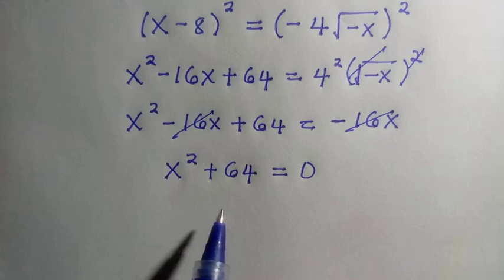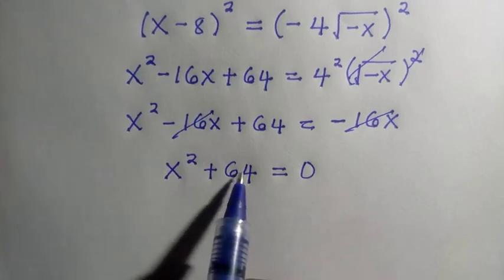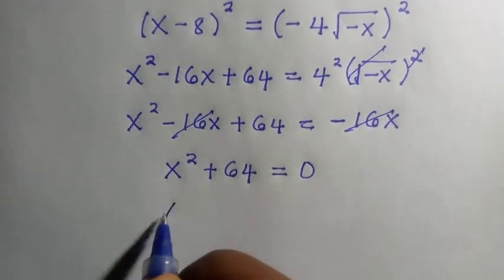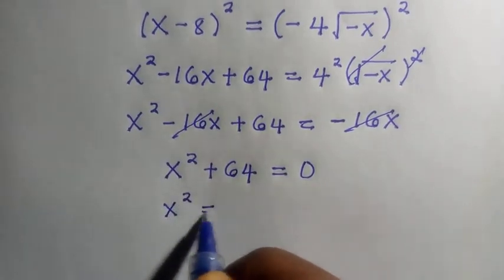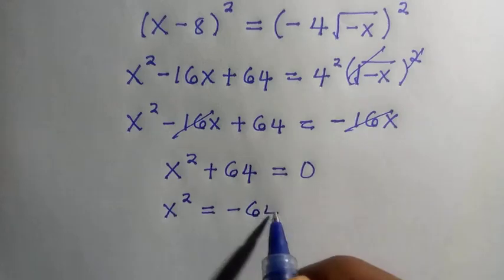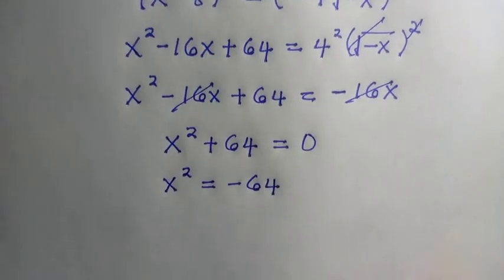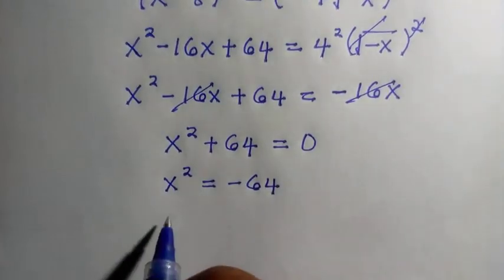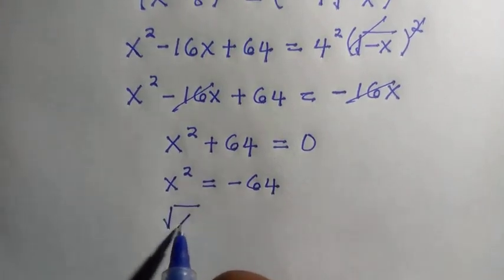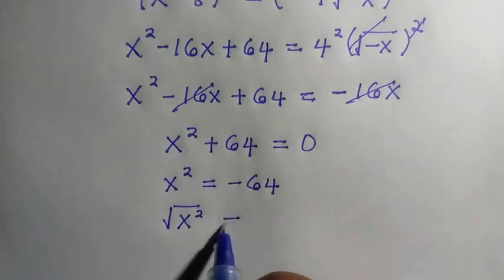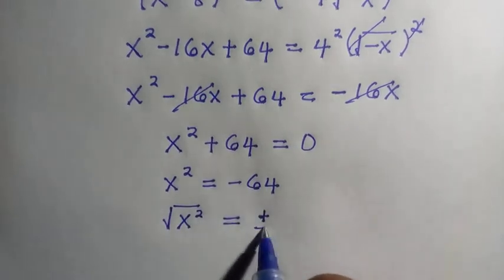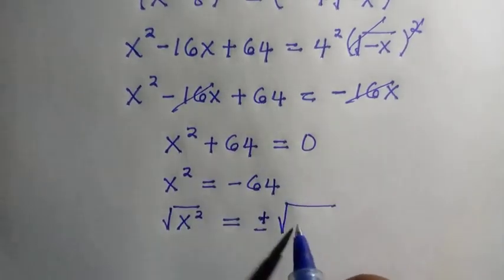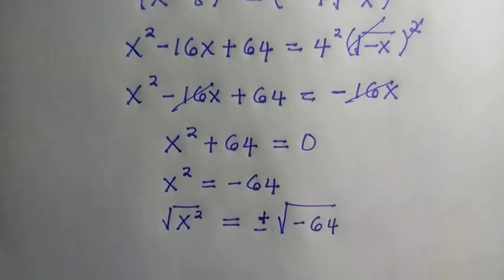So for this one, we have to take this 64 to the other side, as we have x squared equals minus 64. Then we take the square root of both sides. So x equals plus or minus the square root of minus 64.